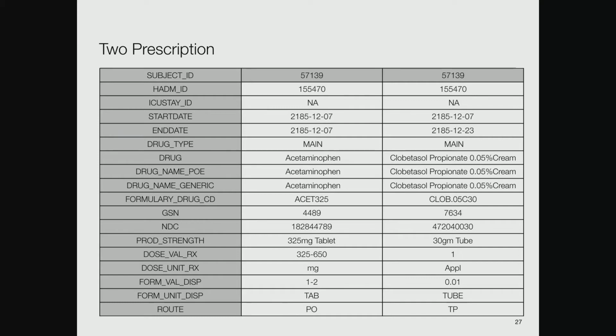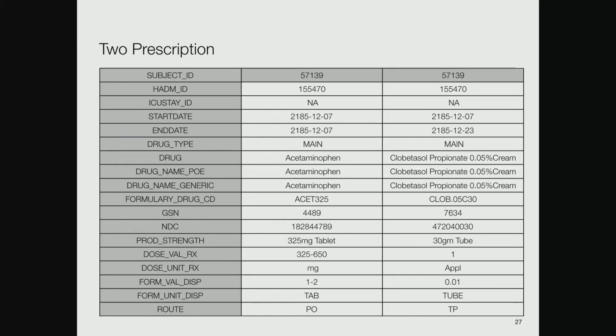CLOB.05C30. And there's also something called a GSN, which is some commercial coding system for drugs, maybe having to do with who their drug supplier is at the hospital. And these have different codes.